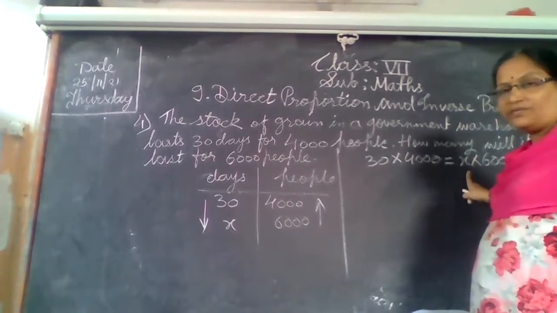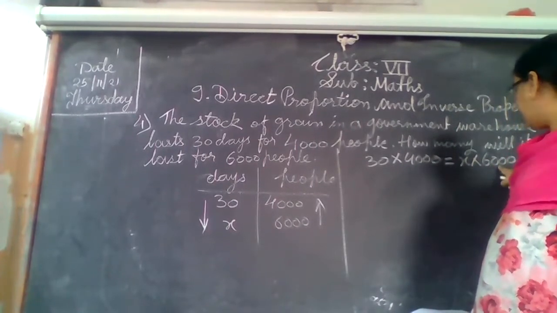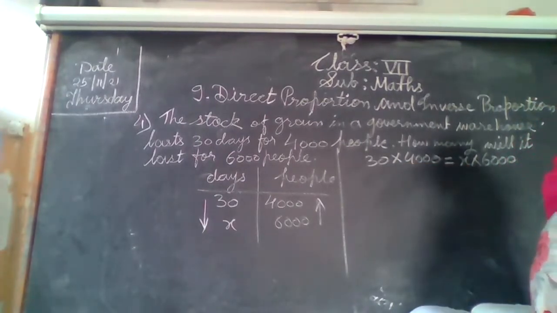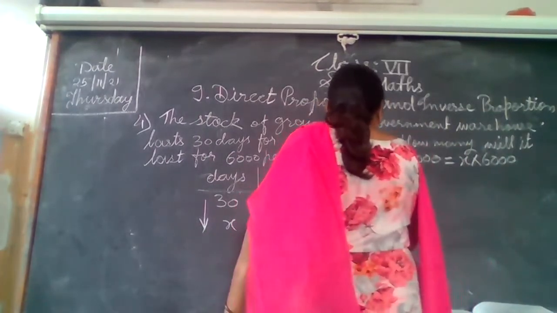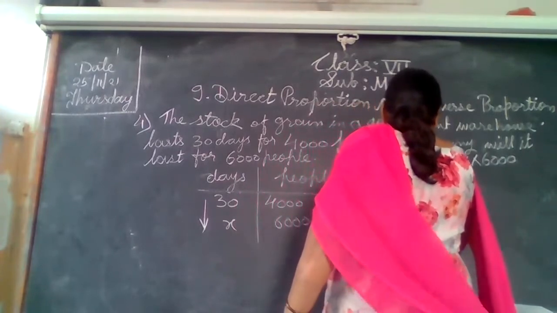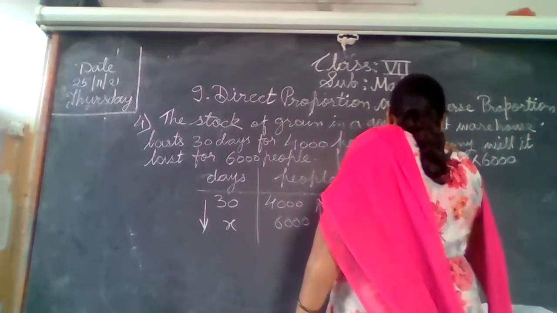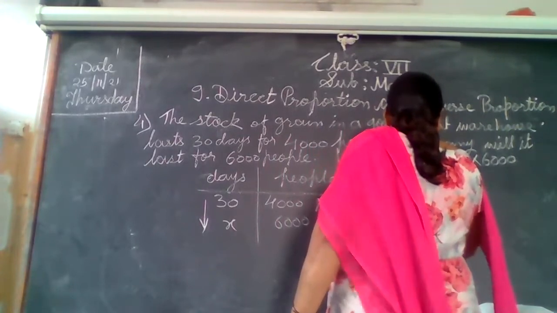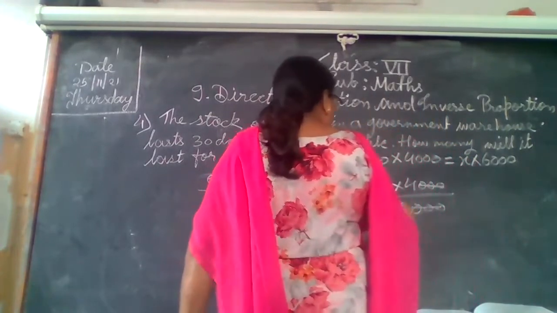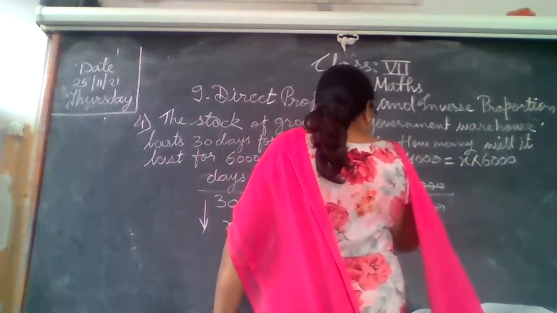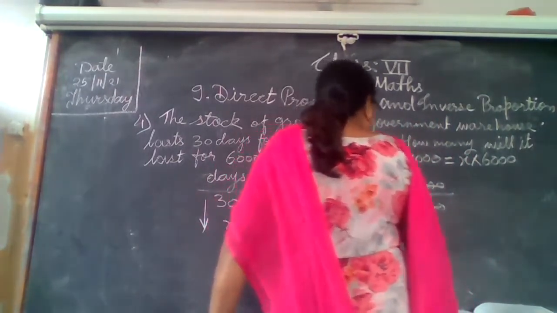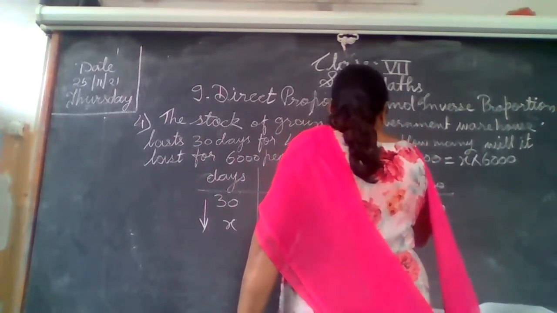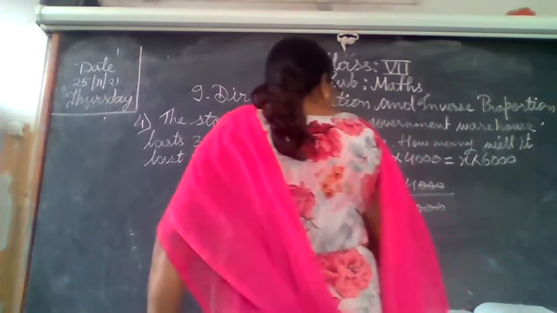To find the value of X, we shift the multiplication by 6,000 to this side. 6 under 6, and what is left?